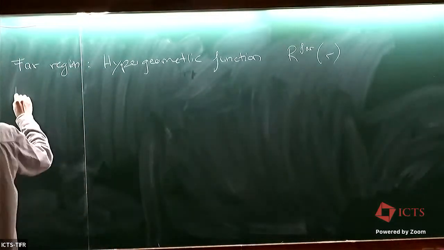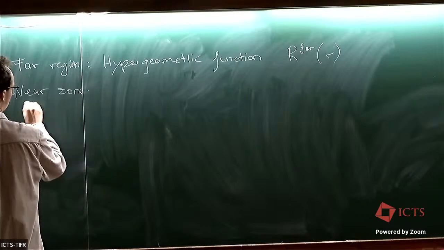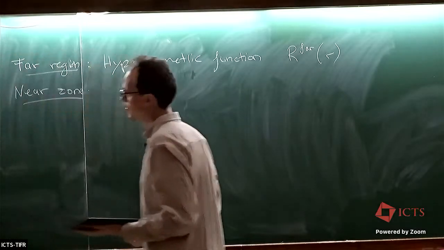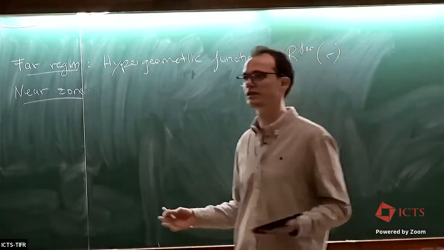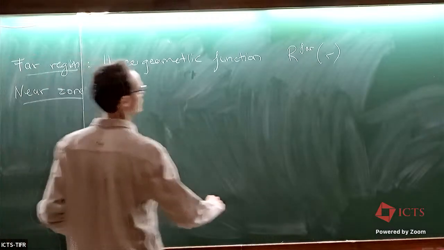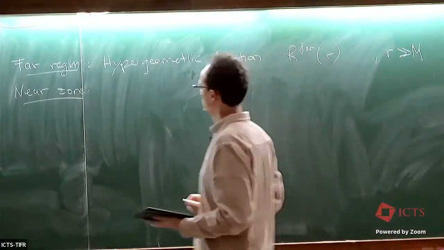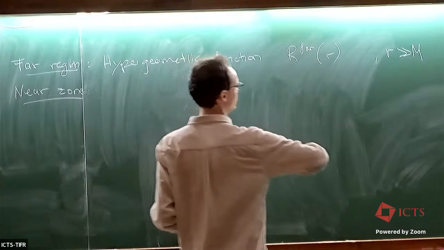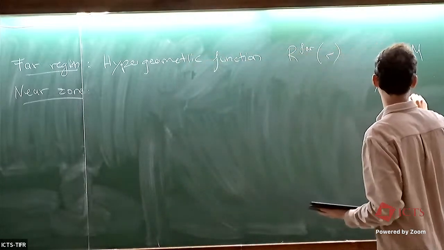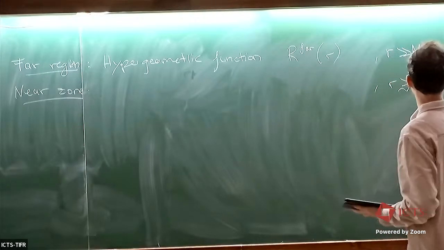And then the near zone is equivalently just expanding the equations. Instead of at large distances, so r much larger than M, we now expand around r roughly equal to r plus.